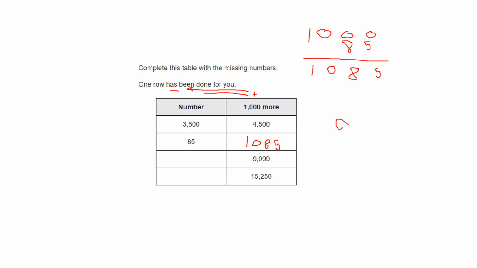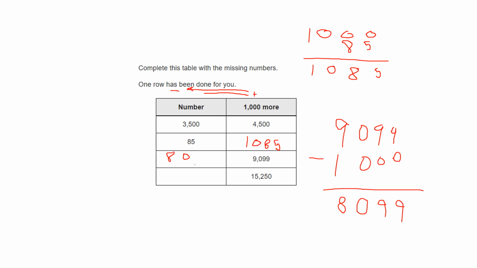So I've got 9,099 and I am going to take away 1,000. So 9 take away 0 is of course 9. Please excuse my 9s. 9 take away 0, 9. 0 take away nothing is nothing, 0. And 9 take away 1 is 8. So I've got 8,099.